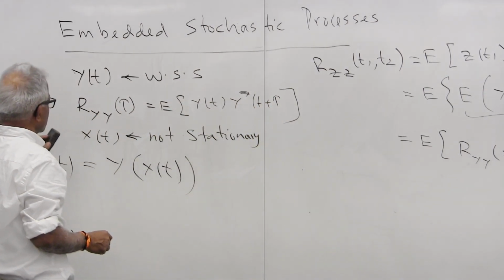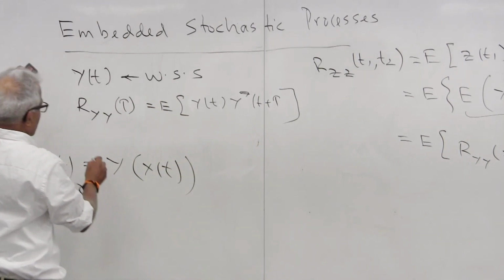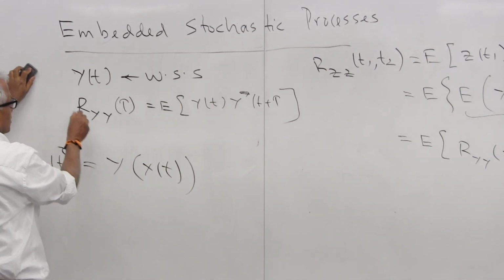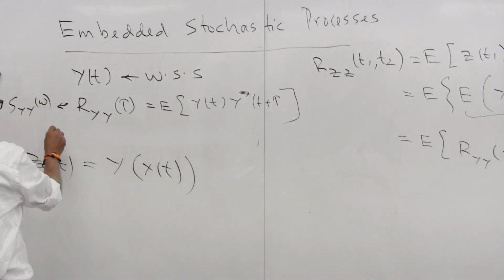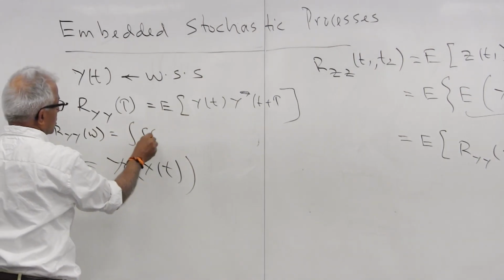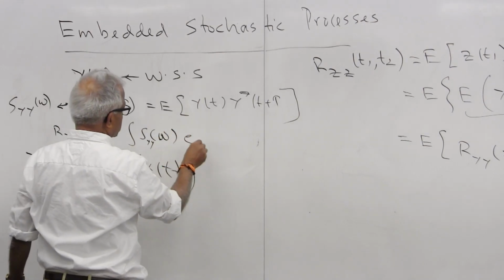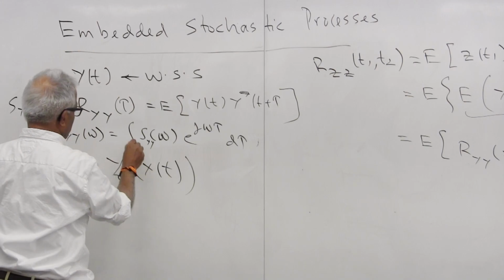If it is wide-sense stationary, it also has a power spectrum. The Fourier transform of R_YY gives you S_YY of omega. You can get R_YY of tau from S_YY of omega by this expression, the inverse Fourier transform.